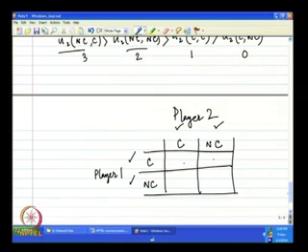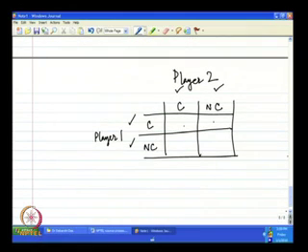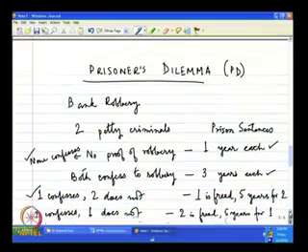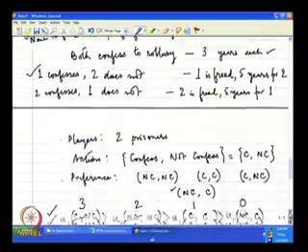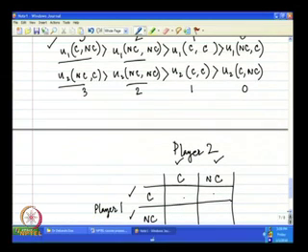Now, what we are going to write in each of these 4 cells is the payoffs that the players are getting. If you remember the numbers that I have imagined for these payoff functions, if C and C is the action profile, the first player gets 3, C and C, so this is 3.